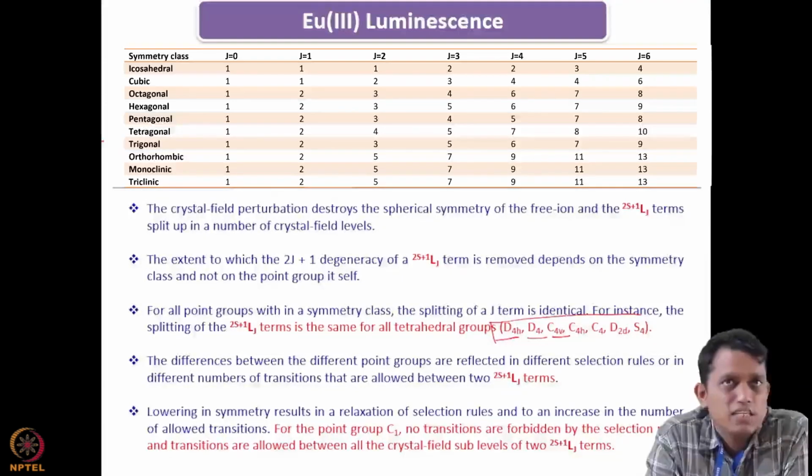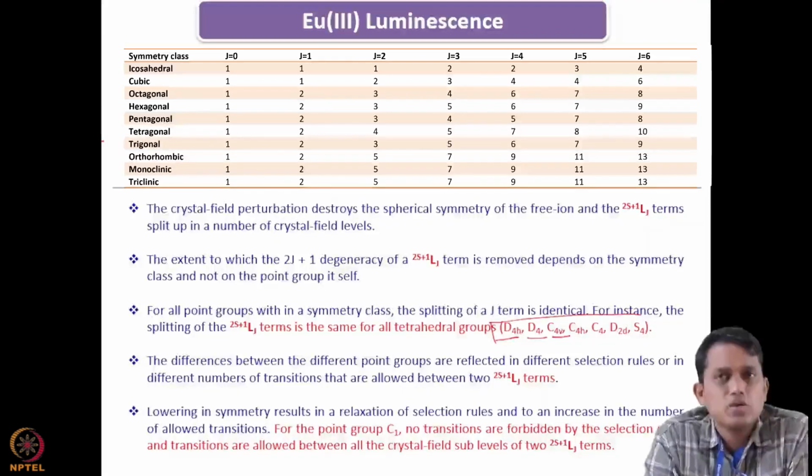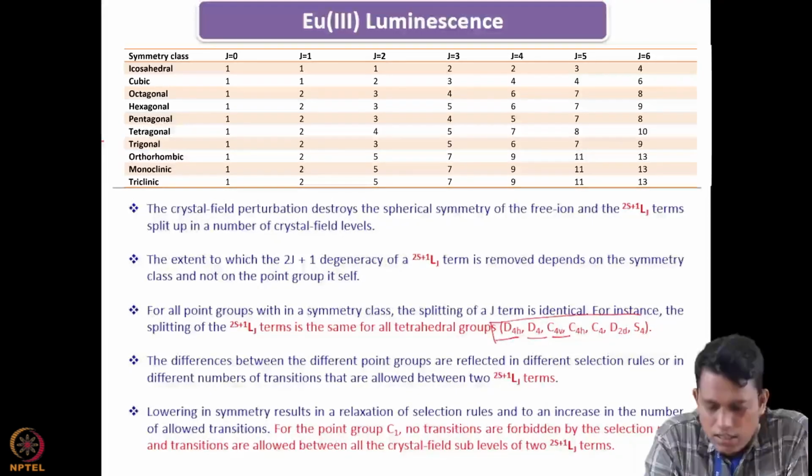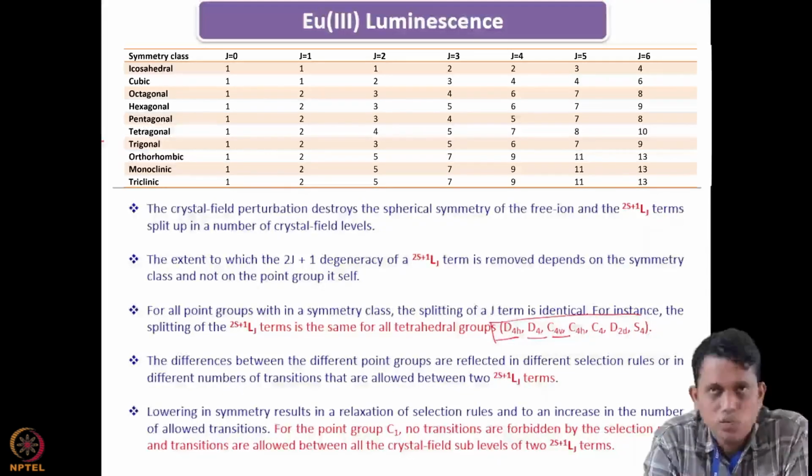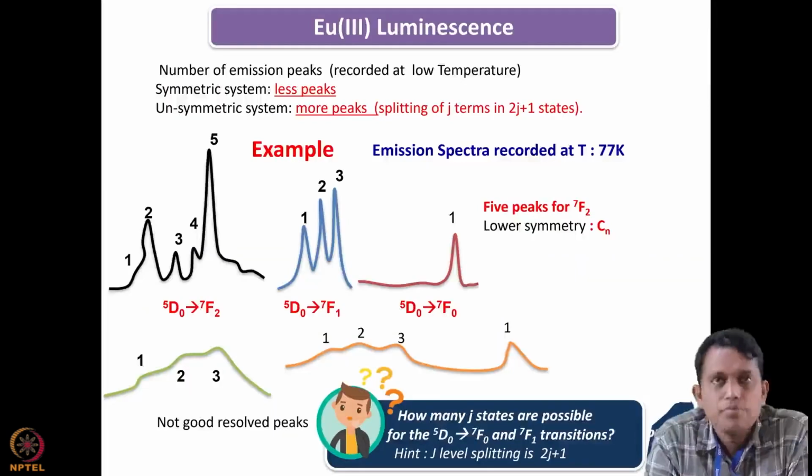But whether it is exactly D4h or D4v is not that easy to tell, but people try to tell that using studies at low temperature, but that requires a lot of experience and is not that straightforward. But you can at least have an idea about the symmetry class just by looking at the splitting of the J level.